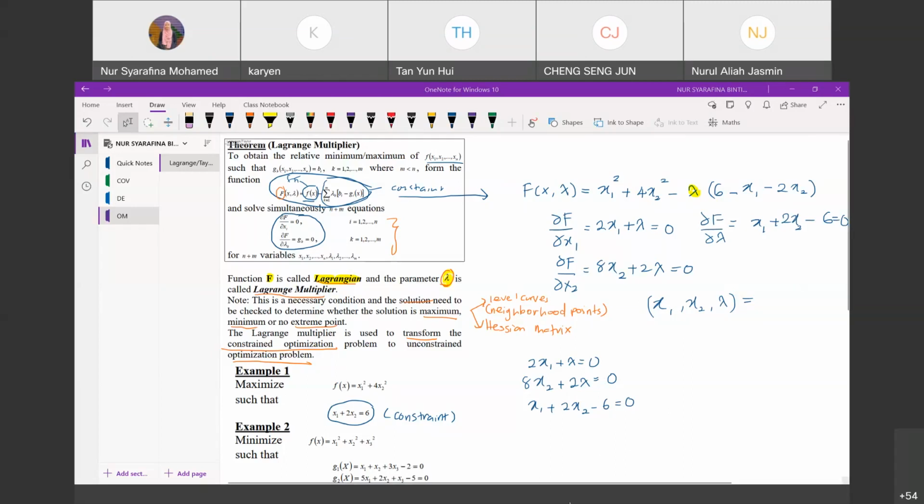This is up to only 3 variables, or you can use other software.